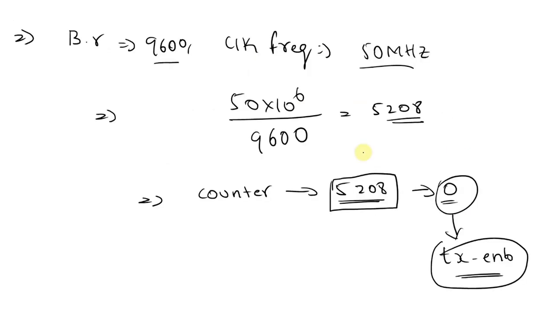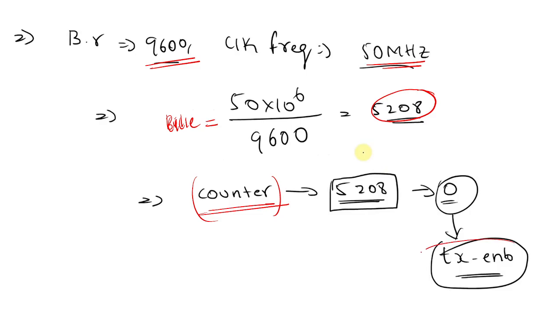So how are we generating the baud rate? Previously we already saw. Suppose the baud rate is 9600 and the frequency is 50 megahertz. You need to calculate the bit rate, that means the number of cycles. The number of cycles equals 5208. So you need to develop a counter such that it counts from 5208 to 0.